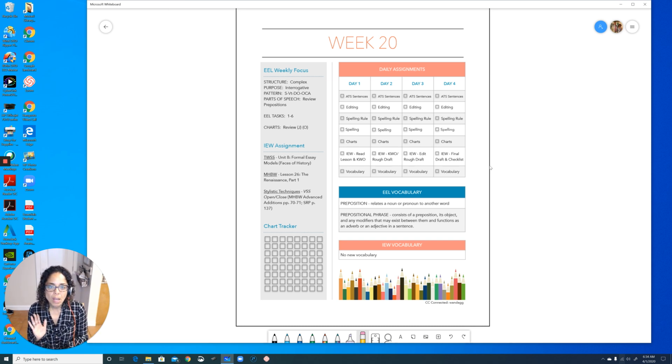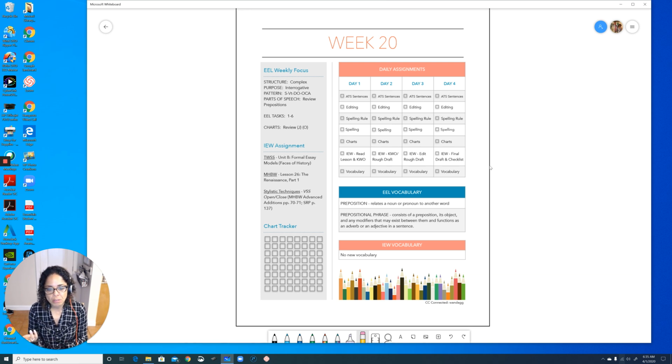If you look in the files, under week 20, it's called Essentials Guide for week 20, and it's excellent. I think several of you have been using it all year. I just want to show it to you again. It just makes your week so much easier. If you just start using this while we're apart, it'll keep you on task when everything else is in such flux. You'll have kind of a skeleton of what to be doing every day with your children.